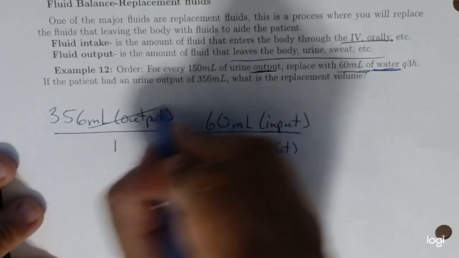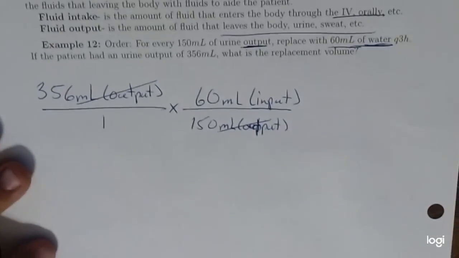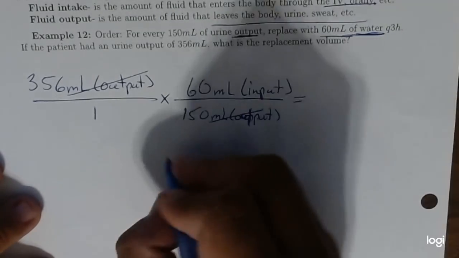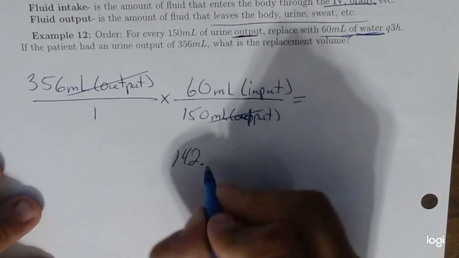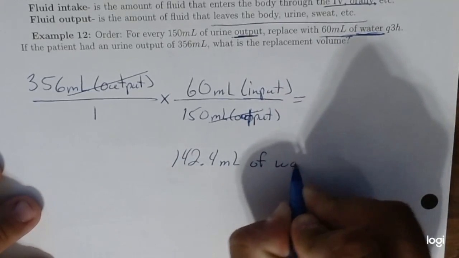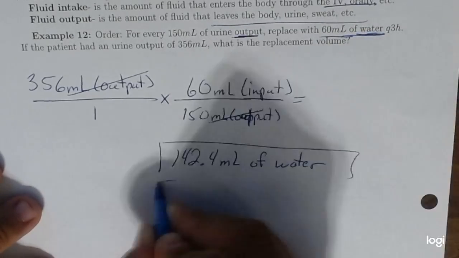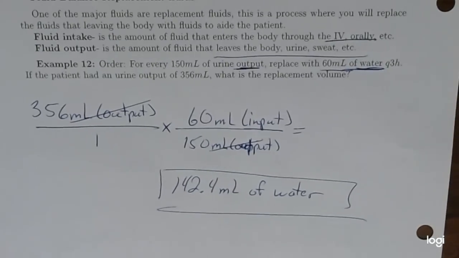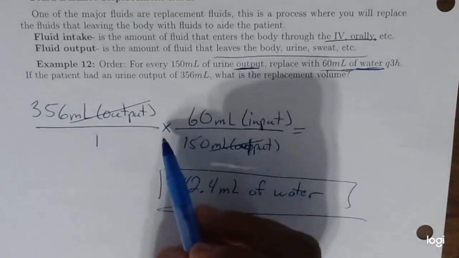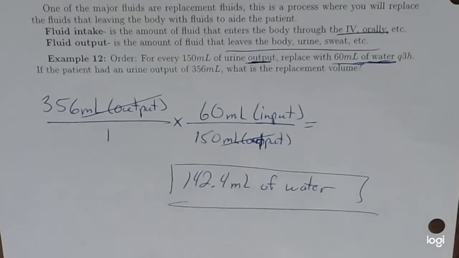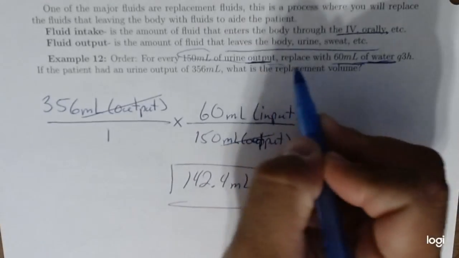So notice these cancel, so you know what to multiply. So therefore, once we multiply and divide, we should get a total of 142.4 milliliters of water. So that's what you're actually inputting, right? Okay. So it's the same concept as before. Just be careful with input and output and how you label it, because labeling is a key part of figuring out what goes on top and what goes on bottom, based on the equivalency given to you in the question.